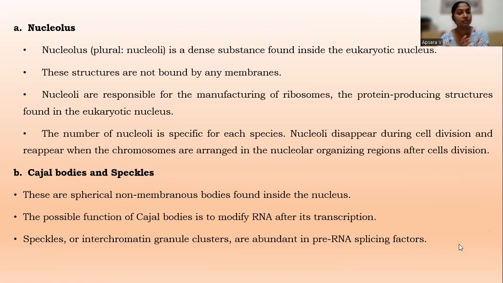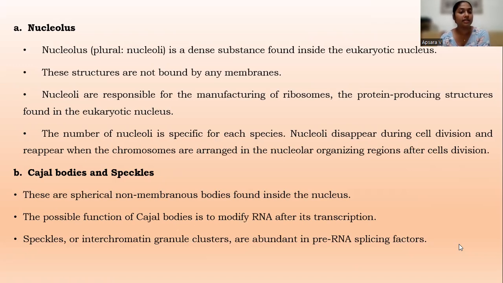Nucleoli are responsible for the manufacturing of ribosomes, the protein producing structures. The number of nucleoli is specific for each species. Nucleoli disappear during cell division and appear back when the chromosomes are arranged into the nucleolar organizing regions after cell division. Next, moving on to Cajal bodies and speckles.